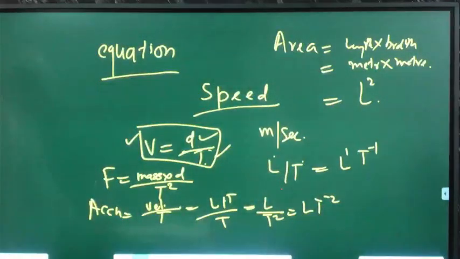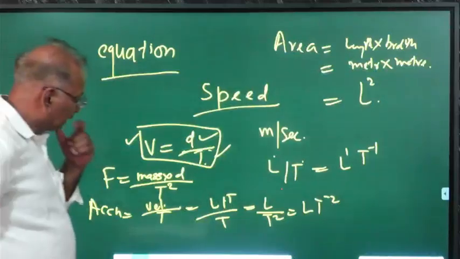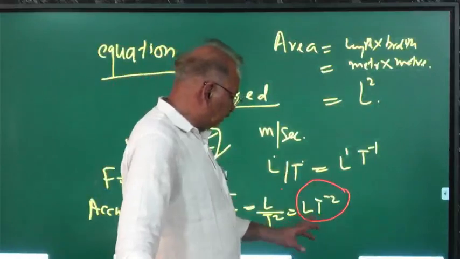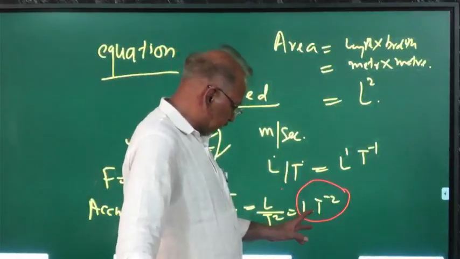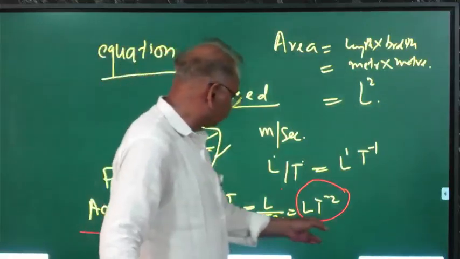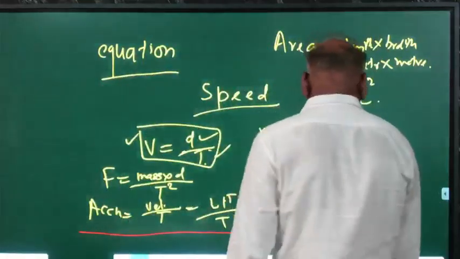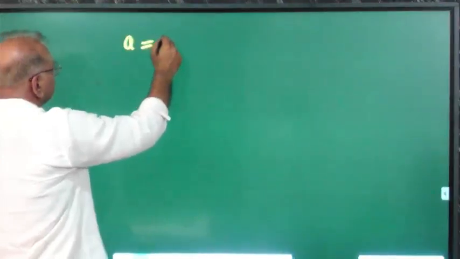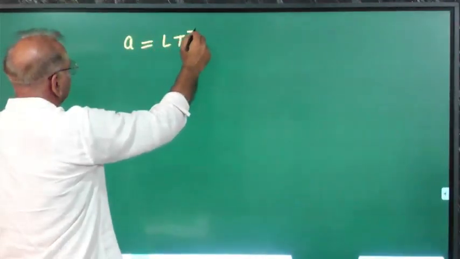What I'm trying to explain is the power of fundamental units in this equation. Acceleration, which is usually written as this, is L T minus 2.